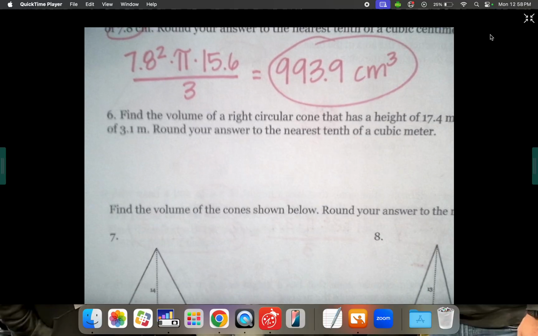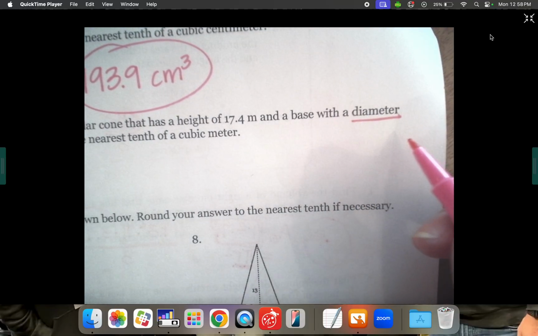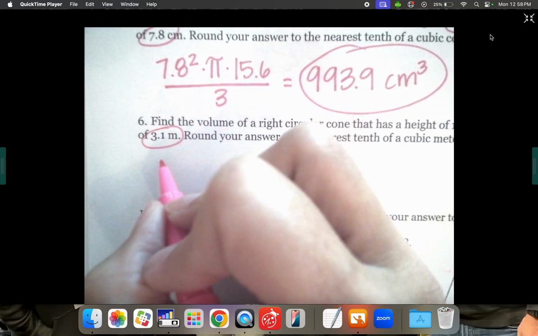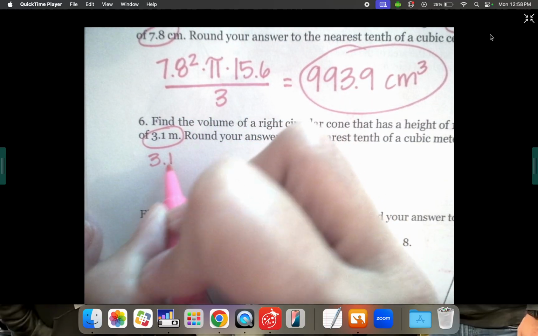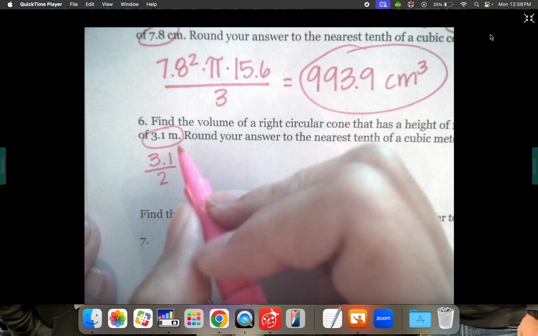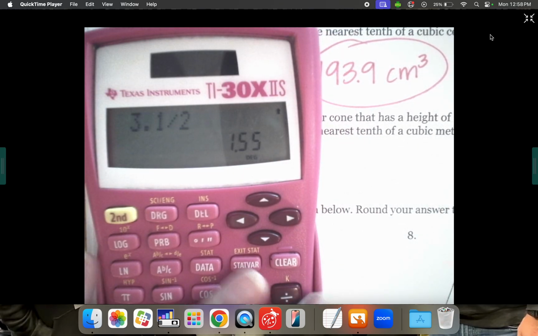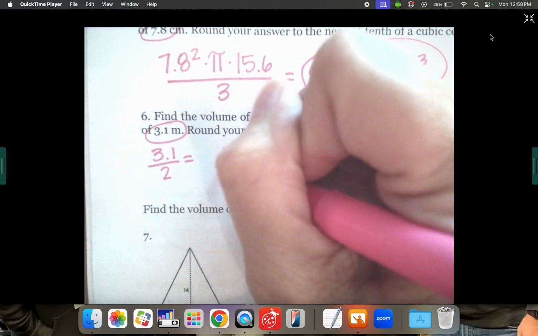Okay, the second one is different because this time it tells us it's a diameter of 3.1. So we cannot use the diameter unless we have it cut in half to find the radius. So I'm going to start by taking 3.1 and dividing by 2, and I got 1.55. That is my radius.